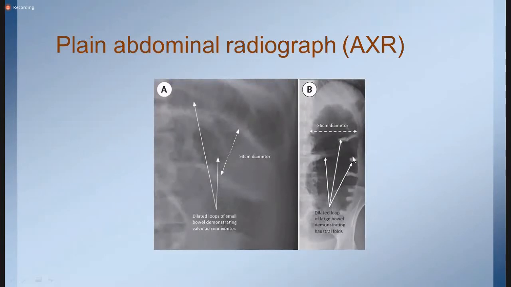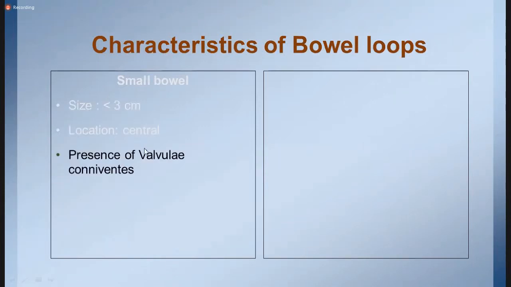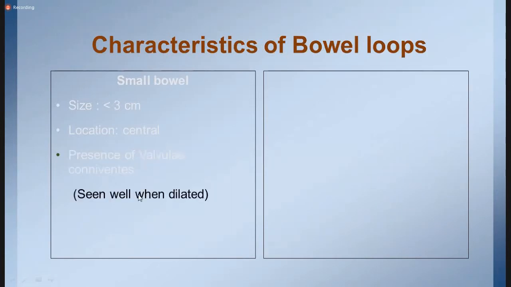Abnormal large bowel is considered when its diameter is more than 6 cm or 5 cm. Some say 5, some say 6. And large bowel is peripherally placed. So again, small bowel less than 3 cm is normal, centrally placed. There is presence of valvulae conniventes, and it's well seen when it's dilated.